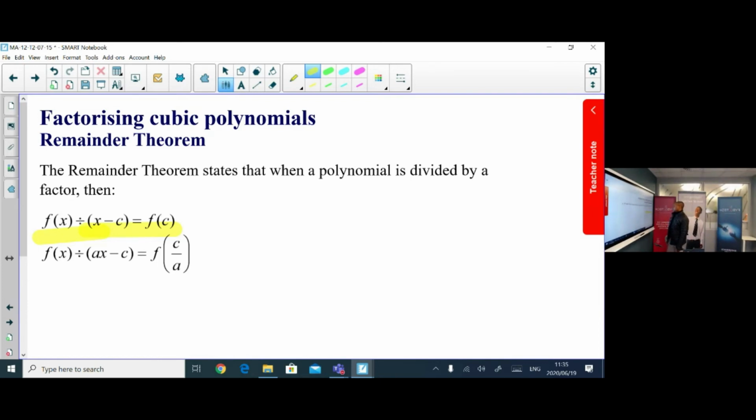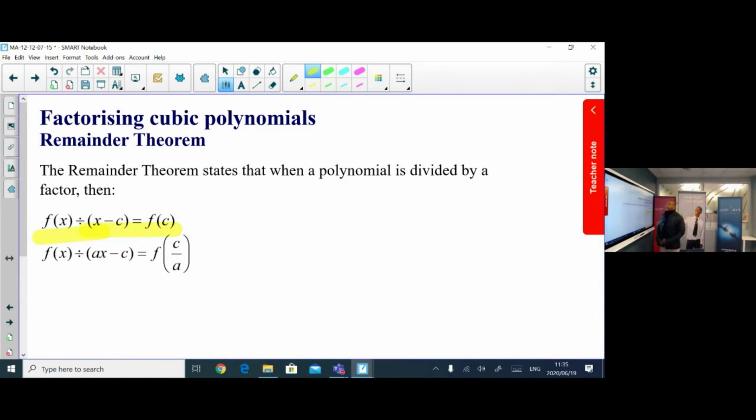So that can also be expressed if we have f of x divided by ax minus c, it will give us f of c over a. Sounds very abstract and confusing, but you'll see that it's much simpler.